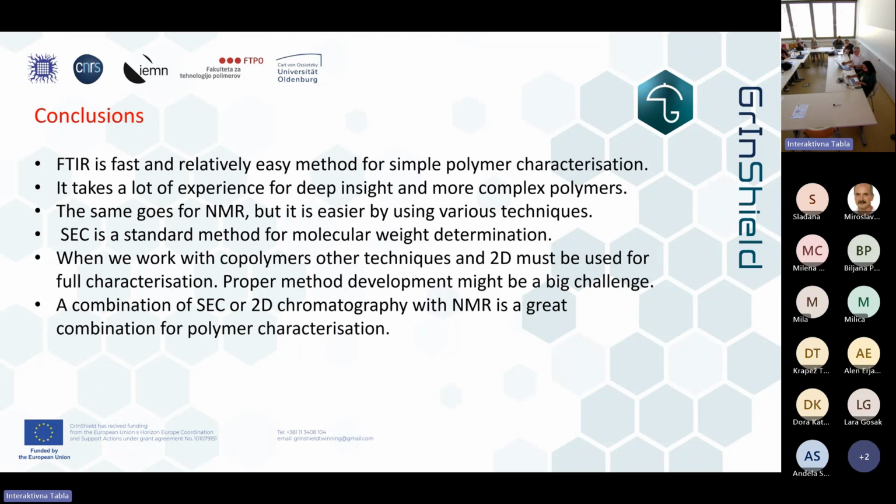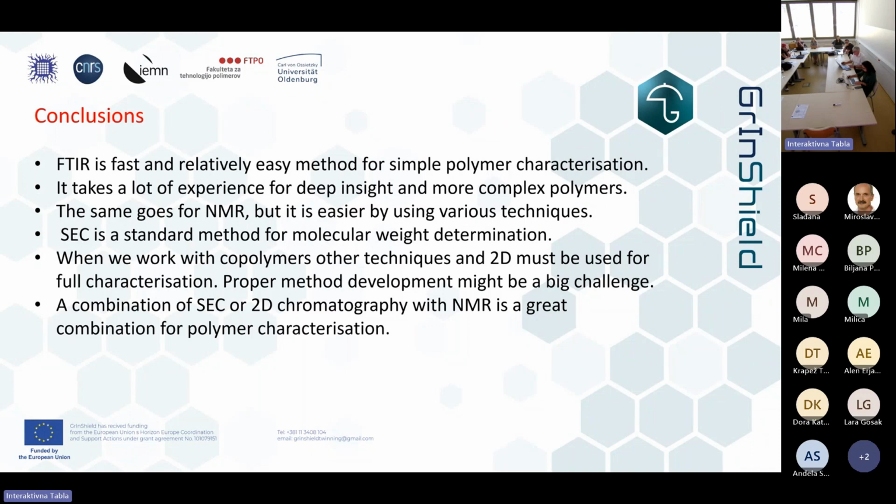So to conclude, FTIR is a fast and relatively easy method for simple polymer characterization. It can also be used for quite complicated things, but it takes someone with a lot of experience.